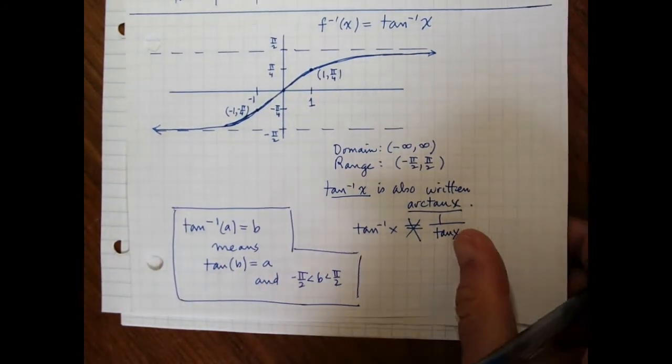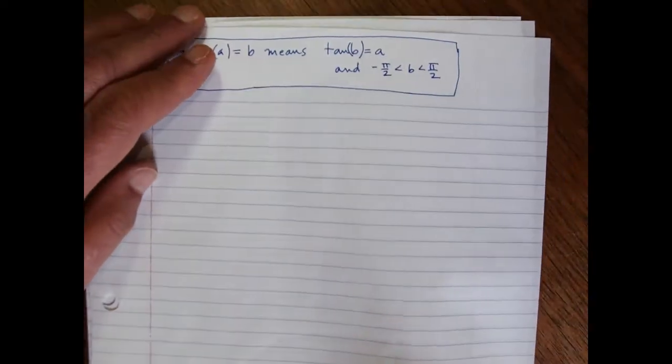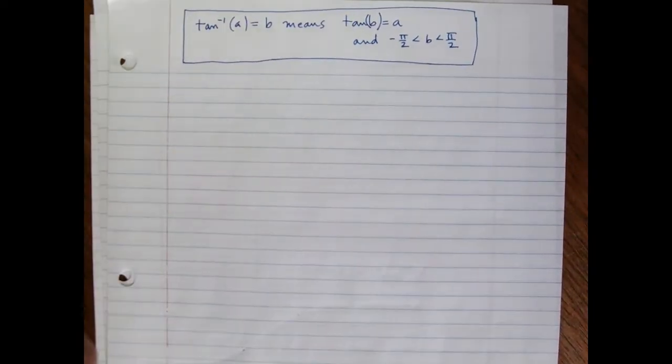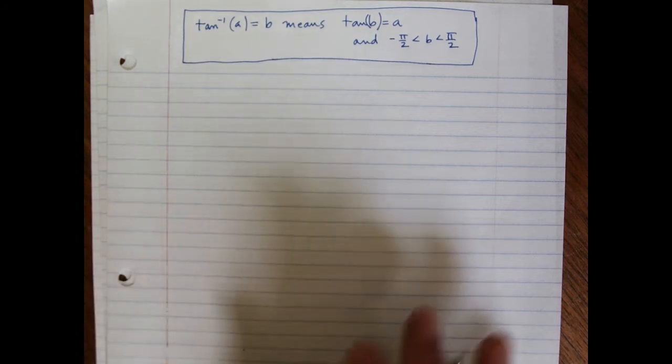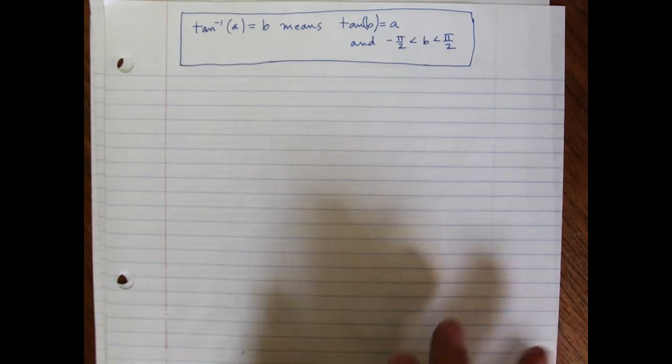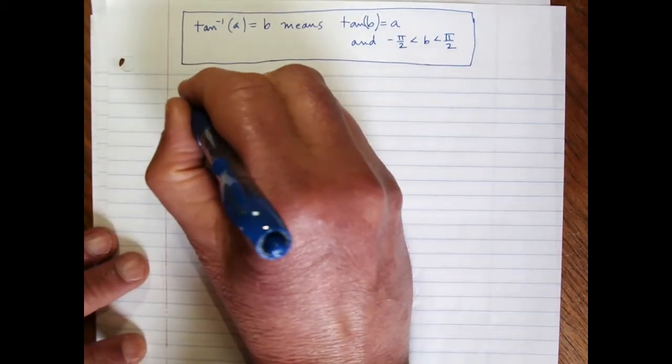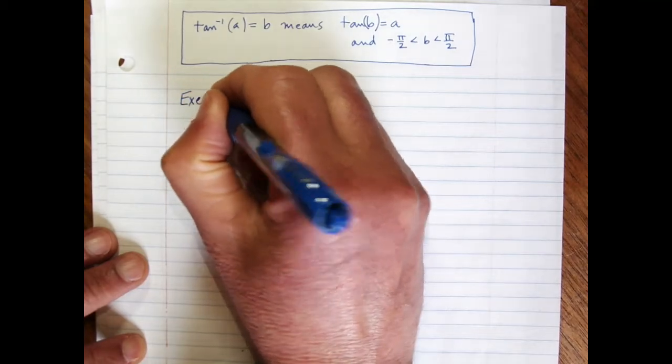All right, so let's start doing a couple problems. I just want to use this sheet where we got some of our defining relationships about inverse tangent up at the top. Let's do some exercises.